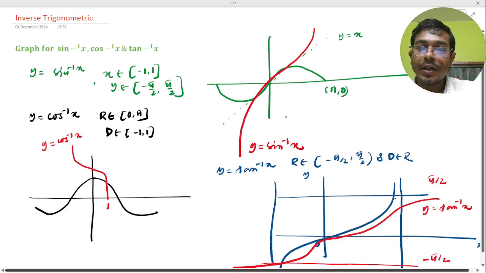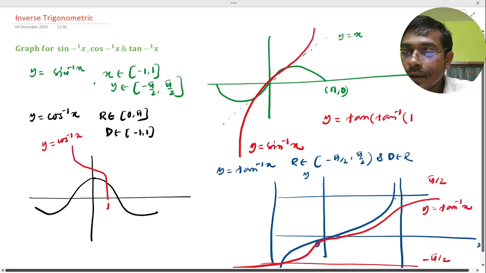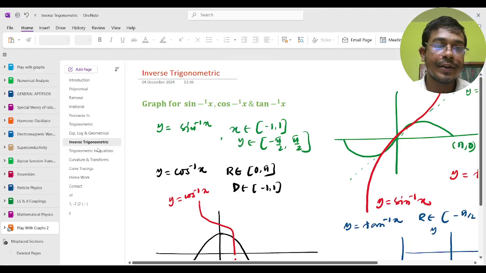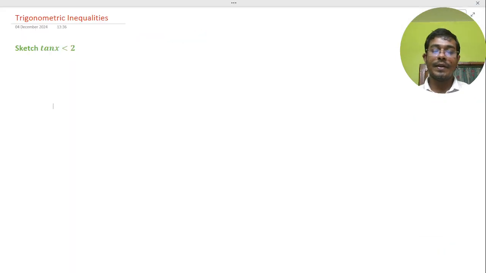So basically, some small homework: y equal to tan of tan inverse hyperbolic tan x 1 2. Just do this homework. Let's go ahead to our next topic, the applications of the main graph, the trigonometric inequalities.